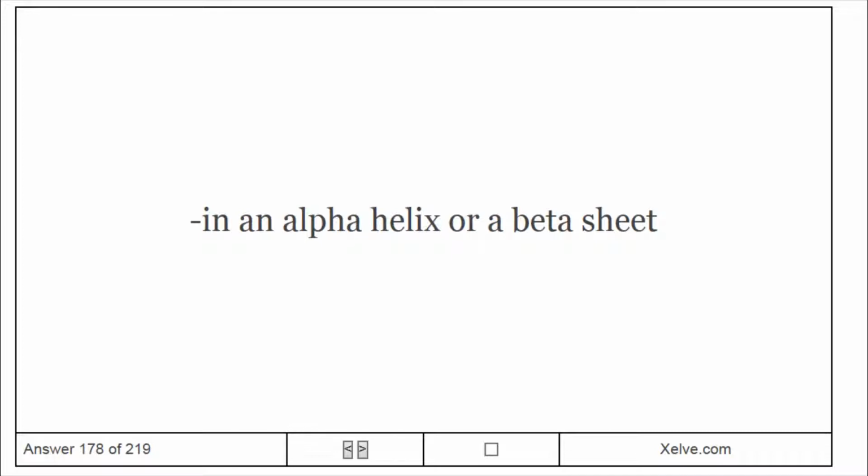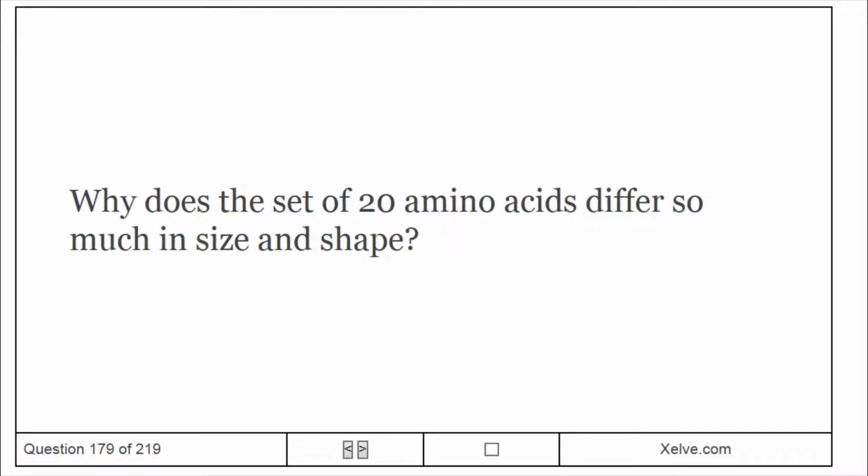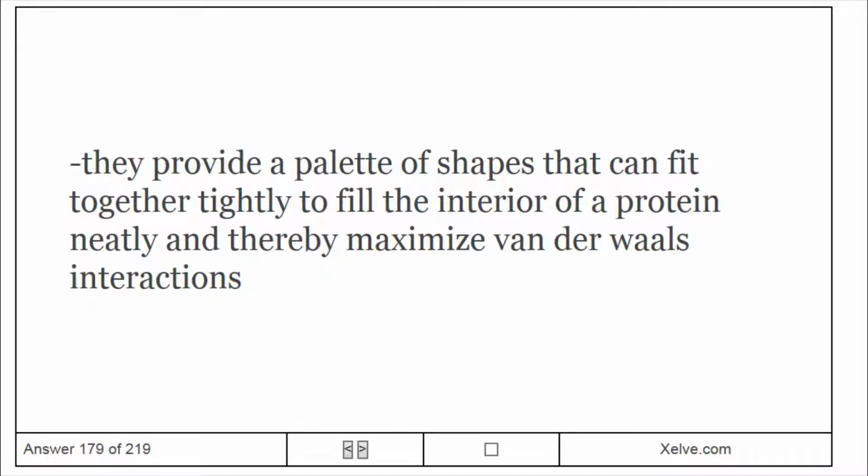In an alpha helix or a beta sheet. Why does the set of 20 amino acids differ so much in size and shape? They provide a palette of shapes that can fit together tightly to fill the interior of a protein neatly and thereby maximize van der Waals interactions.